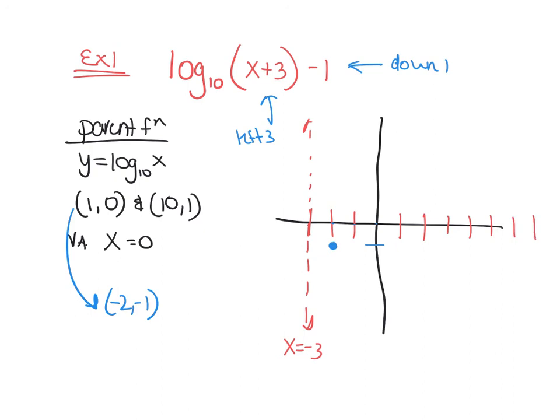I'm off my screen here. But if I count from (10, 1) and I go left, I'm at 7, and then I go down, I'm at 0. So I move my x value 3 to the left and my y value 1 down.